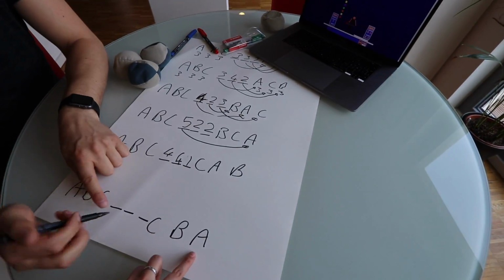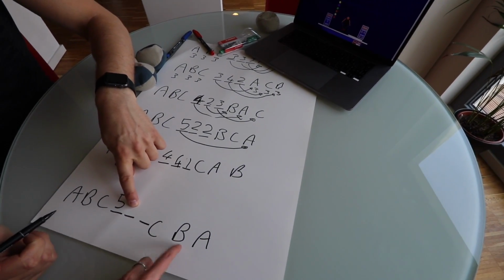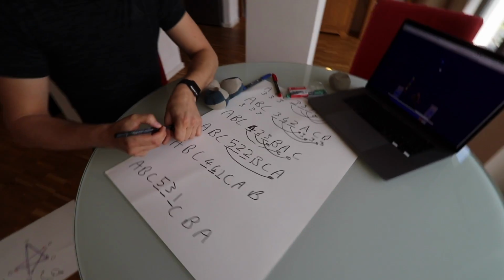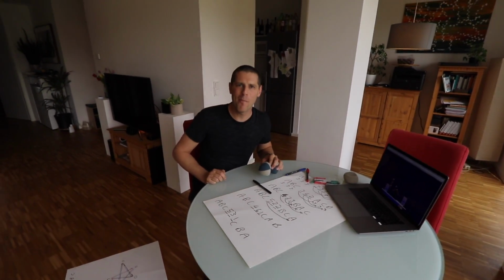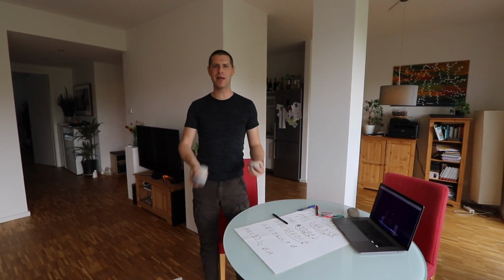2, 3, 4, 5. Okay, so we've got 5, and this one is B. 1, 2, 3. Is 3, and we already know if we go C to C is 1. So 5, 3, 1. And again, a really nice pattern. And the balls go back in a different order. So it's A, B, C, and then C, A, B. So if you ever want to reverse the order of the balls within the pattern, you can of course use 5, 3, 1.